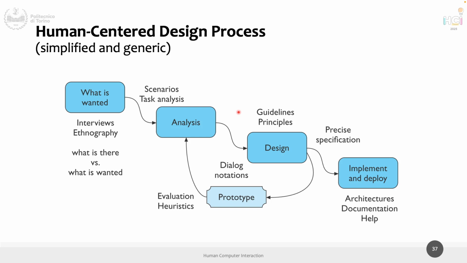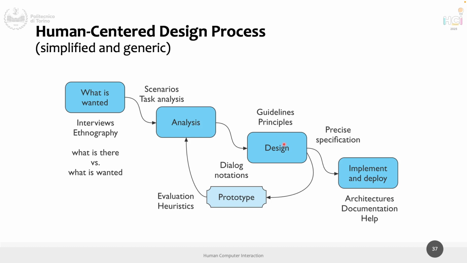And this process says, let's start with what is needed from the user, that's need finding, as we said. Then let's move to the analysis, or as the design thinking people say, definition.